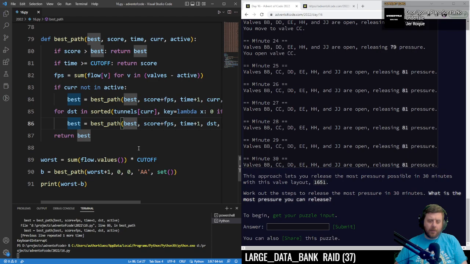I still wonder if there's some sort of time-dependent shortest path algorithm you could use to do this.